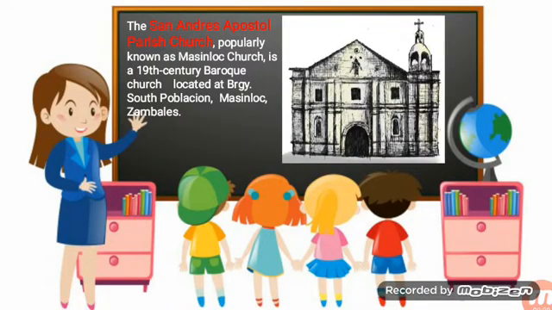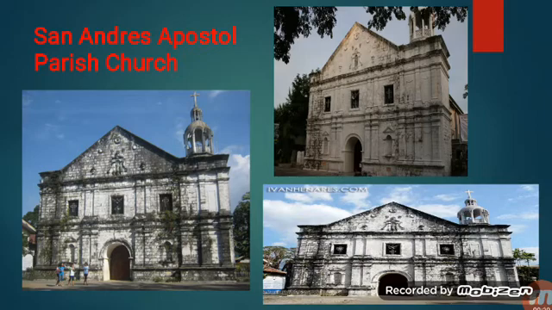The San Andres Apostol Parish Church, popularly known as Masinloc Church, is a 19th century Baroque church located at Barangay South Poblacion, Masinloc, Zambales. The church structure is a standout among the Spanish-era churches in the central Luzon region for having been built with coral stone instead of adobe stone.